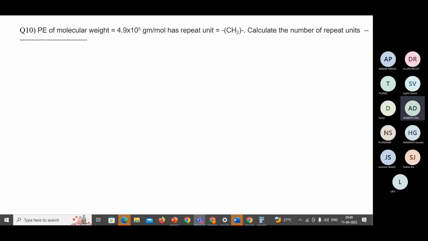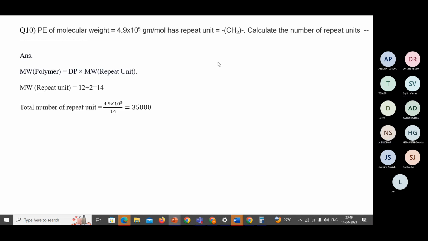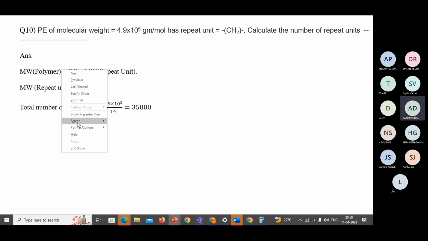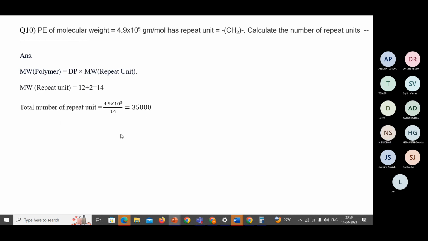So the simple formula is: molecular weight of the polymer equals DP, where DP means the number of repeat units, into the molecular weight of the repeat unit. The simple mass balance, nothing more. Here the repeat unit is CH2.